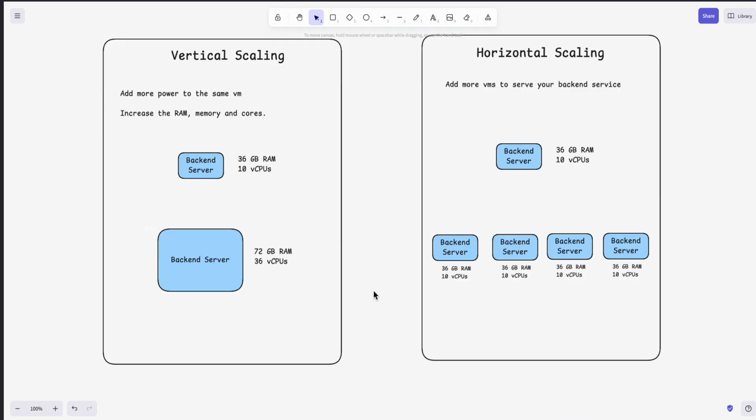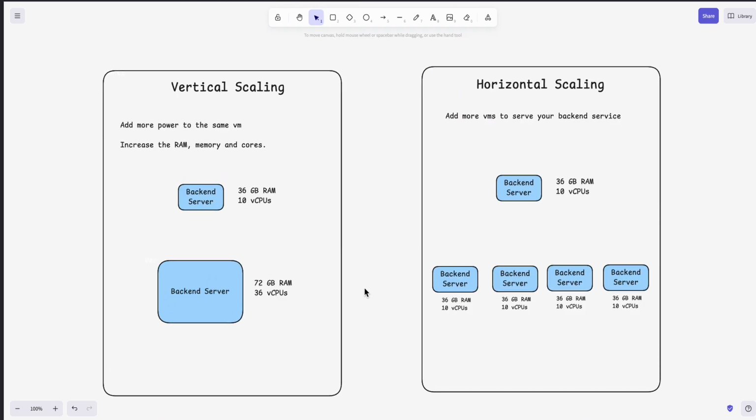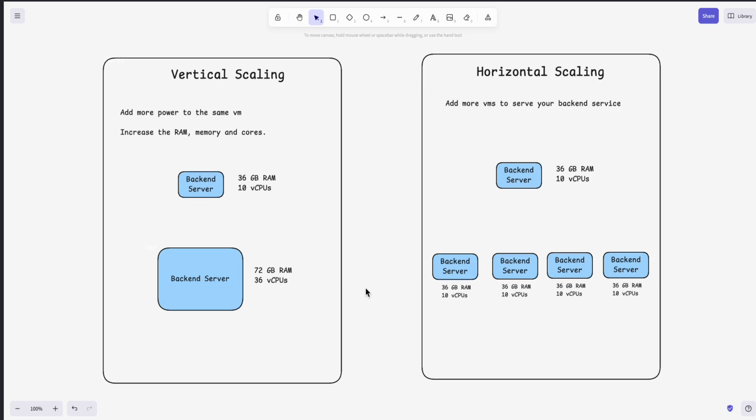Now what is horizontal scaling and what is vertical scaling? Imagine you have a backend server and you want to serve more requests per second, you want to increase your RPS. What can you do? One thing you can do is add more power to your backend server.